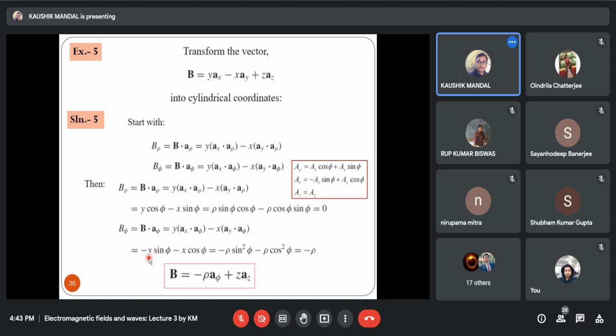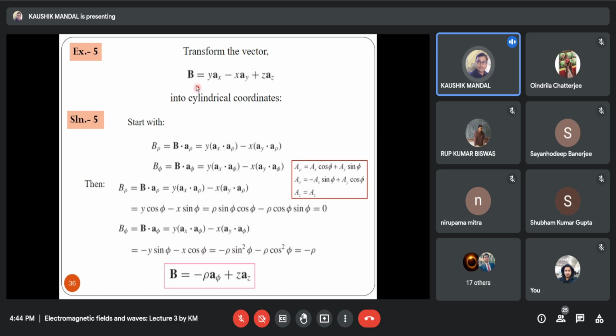So it becomes minus of y sin phi minus of x cos phi. Now you put the value of y and x. Y equal to rho sin phi, that means it becomes rho into sin square phi. X equal to rho cos phi, so it becomes rho into cos square phi. So minus, common rho, sin square phi plus cos square phi is 1. So b phi becomes only rho.